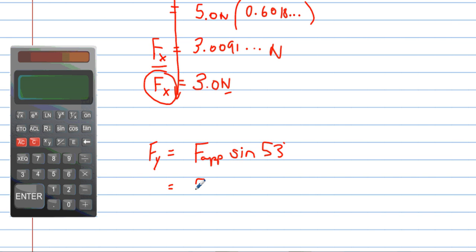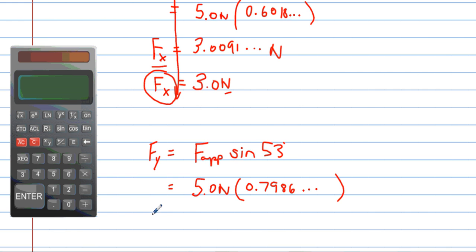I substitute in my known values, proportion to 2 significant digits. The applied force is 5 newtons. And now I need the sine of 53 degrees. And when I calculate the sine of 53 degrees, I get 0.7986 with some more digits following.